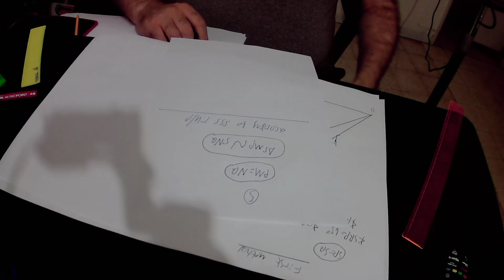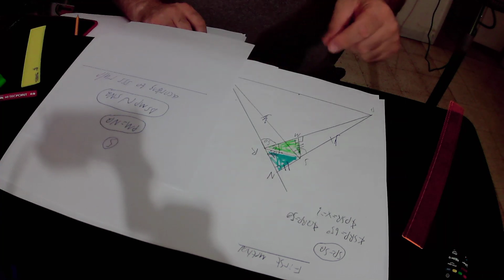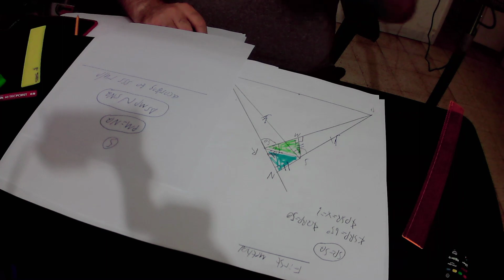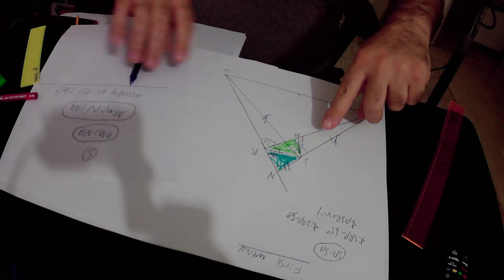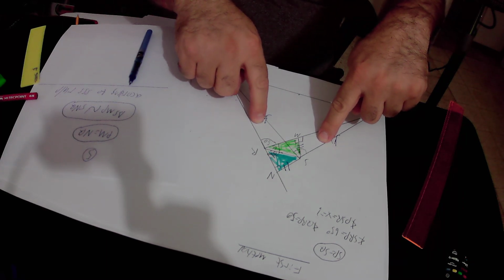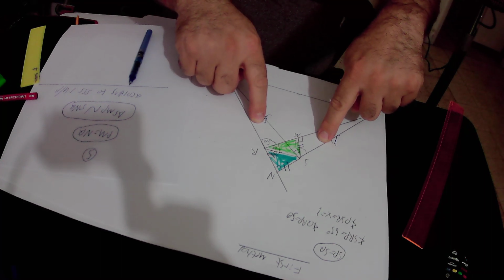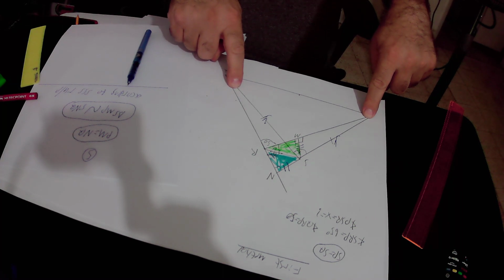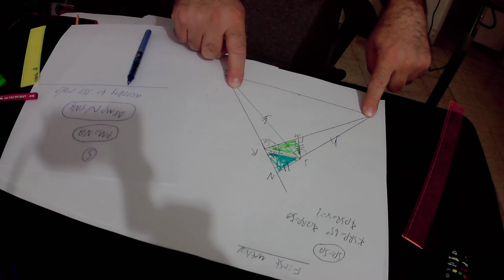So from the fact that those two right triangles can coincide, we can conclude that those two angles are equal to each other, according to the rule that corresponding angles in congruent triangles are equal.